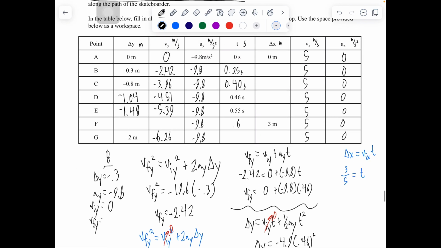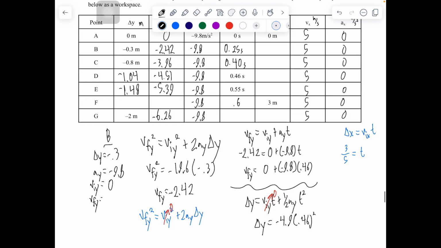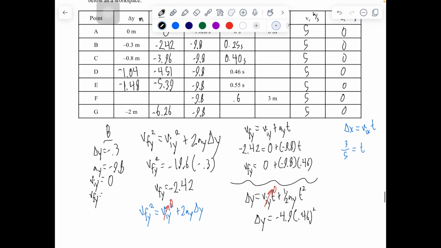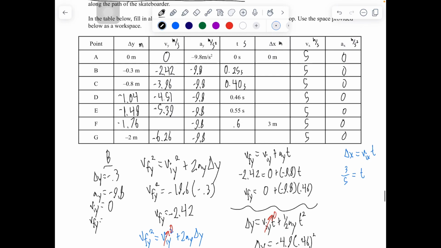Use what we've learned. Solve for your, say, delta y. Take time, 0.6 squared. Multiply by 4.9. This gets negative 1.76. To find velocity in the y, take the time, 0.6 times 9.8, negative 5.88.